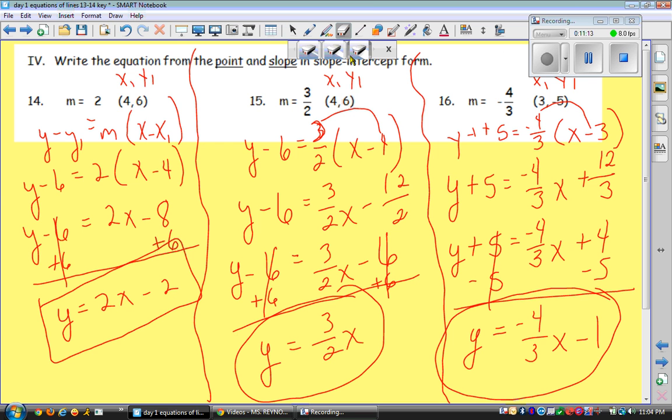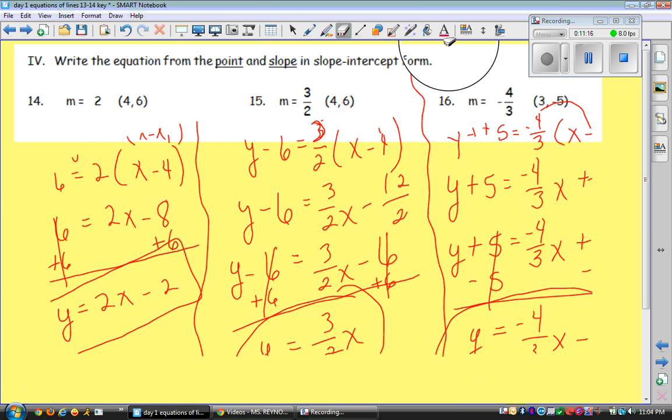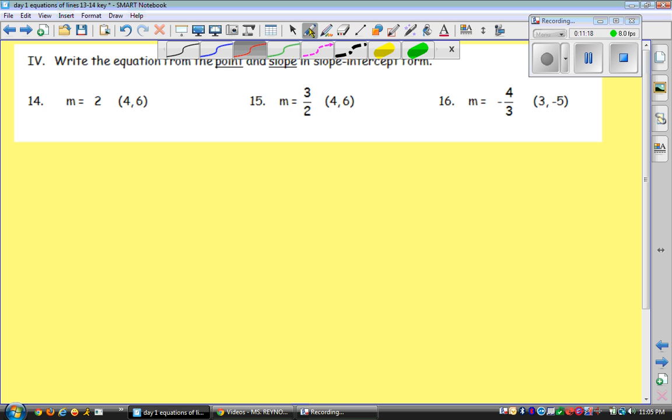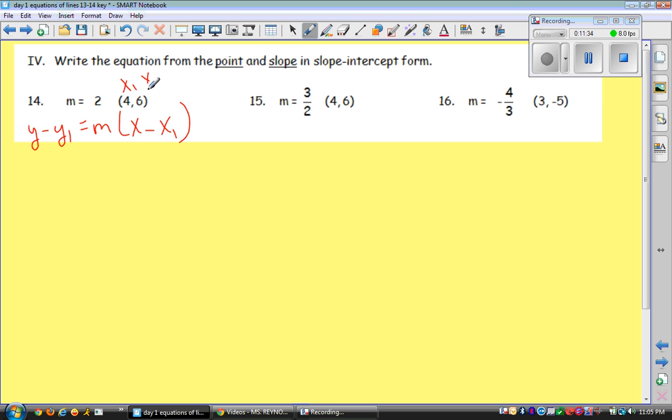All right, last 3. Okay, here we're going to take the point and the slope, and we're going to create it into slope-intercept form. So using the formula y minus y1 equals m times x minus x1, and this is your x1 and your y1.